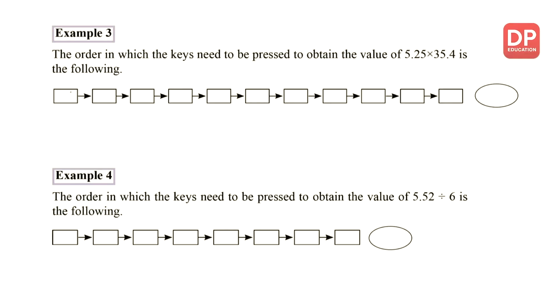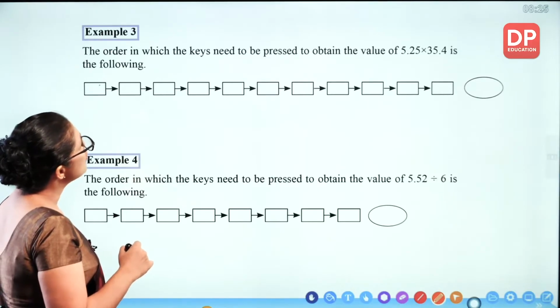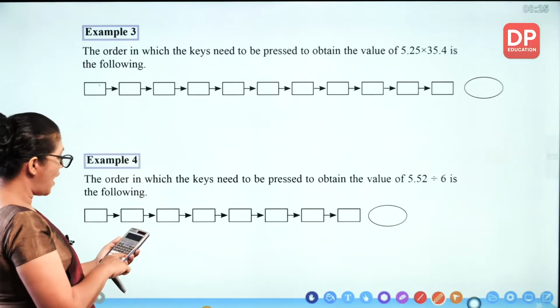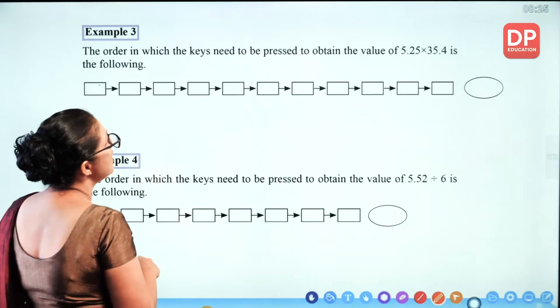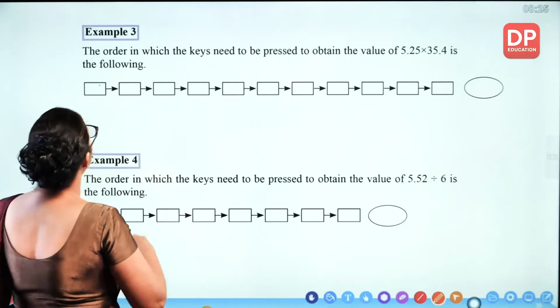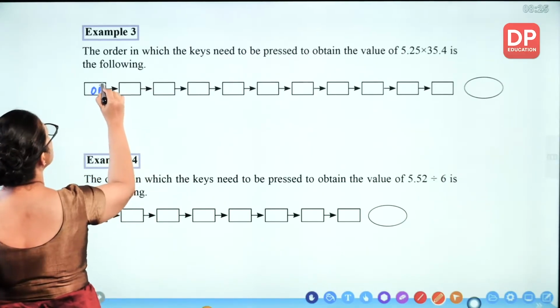Example number 3. The order in which the keys need to be pressed to obtain the value 5.25 into 35.4. So switch on the calculator.